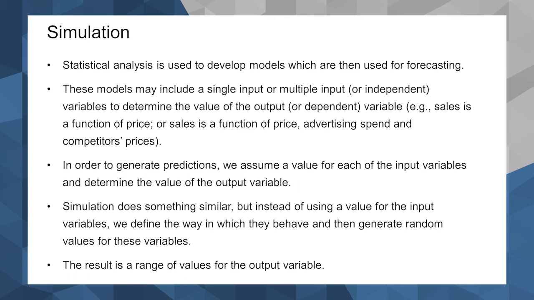Like regression, it is a model that will potentially have one or more independent or explanatory variables. But unlike regression, we will accept that the behavior of the variables is not linear.